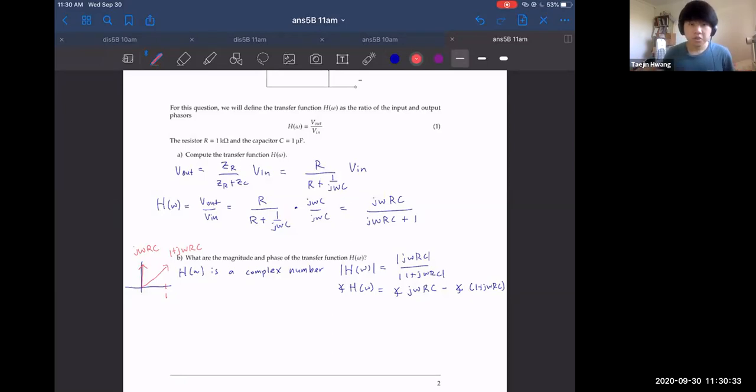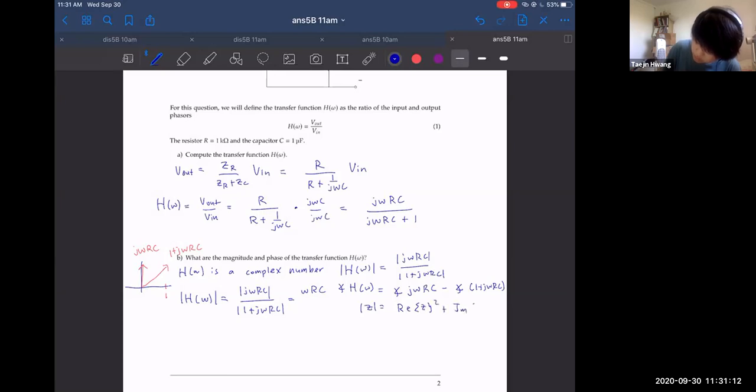Okay, so to compute the magnitude and phase of these complex numbers, again, we just take the magnitude of the numerator divided by the magnitude of the denominator. The magnitude of j omega RC, since it's purely imaginary, is just omega RC. You might recall that the magnitude of a complex number is the real part squared plus the imaginary part squared, all square rooted.